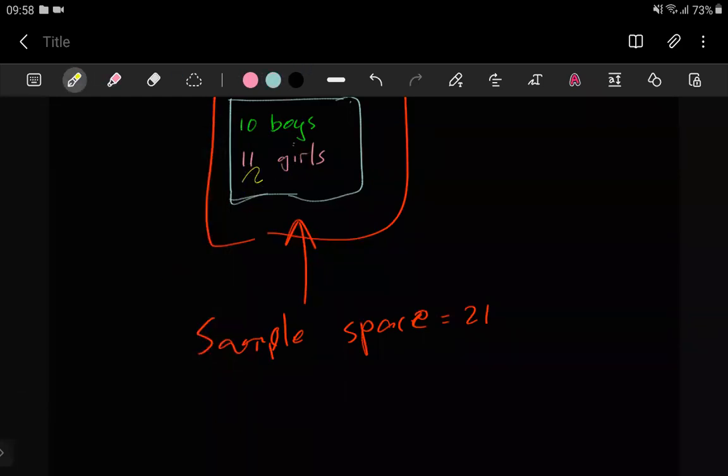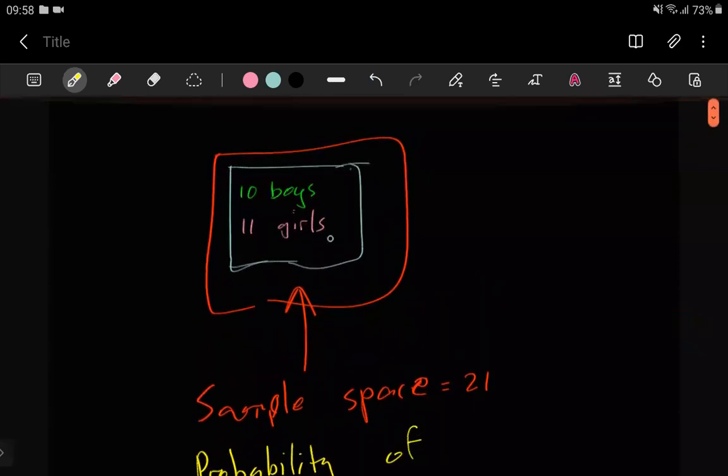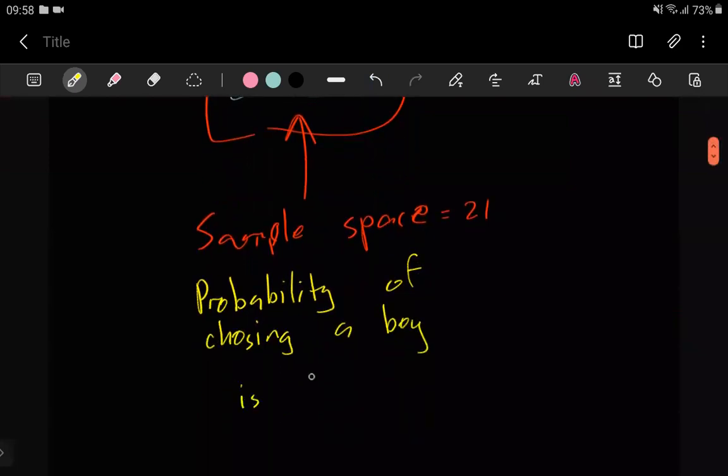The very blunt probability is, for example, if we're going to pick a person at random from this group of people, the probability of choosing a boy is 10 out of 21.